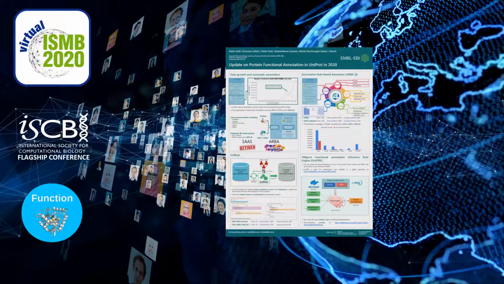Rules are then applied to TrEMBL entries the same way as it is happening for UniRule. ARBA doesn't only generate more rules than SAS, but also annotates many more entries.